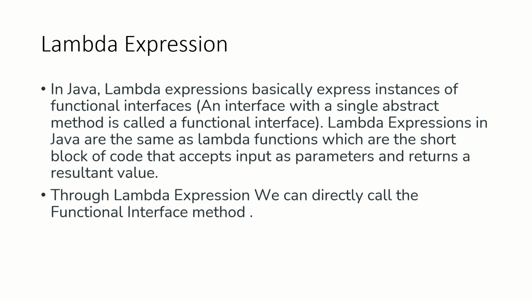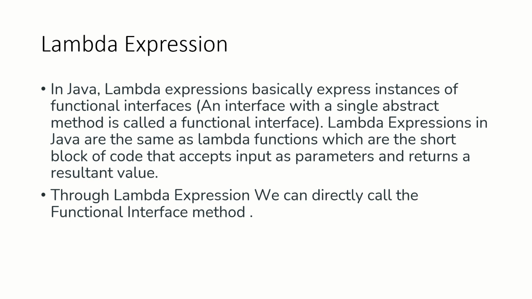Lambda expressions in Java are the same as Lambda functions, which are short blocks of code that accept input as a parameter and return a resultant value. So in short, you can say that Lambda expression helps us in implementing the abstract method of a functional interface. Through Lambda expression, we can directly call the functional interface method.